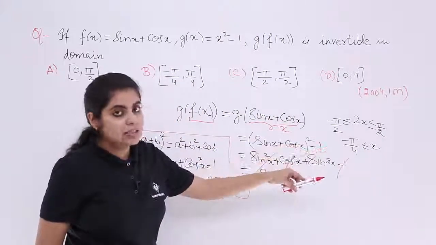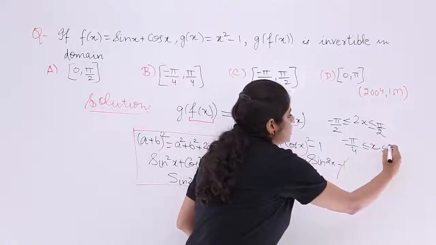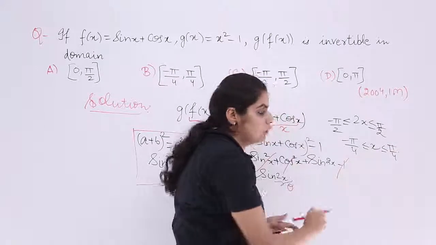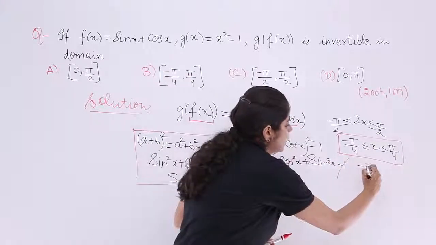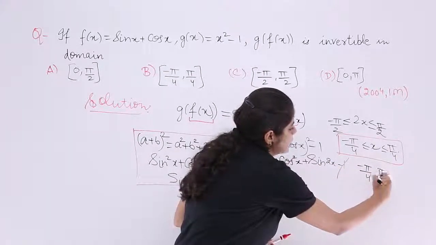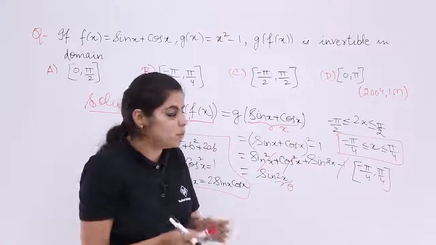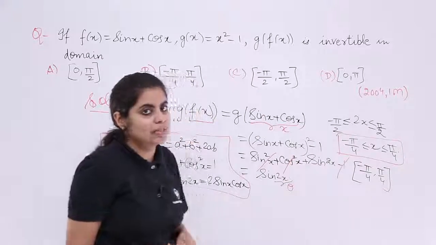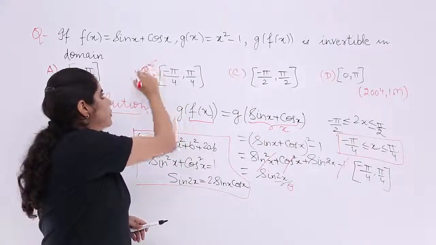On the other side, pi by 2, again 2 goes downwards, so it becomes plus pi by 4. So the domain in which it is invertible is minus pi by 4 to pi by 4, both included, because there are two equal signs. The option minus pi by 4 to pi by 4 is option number B.